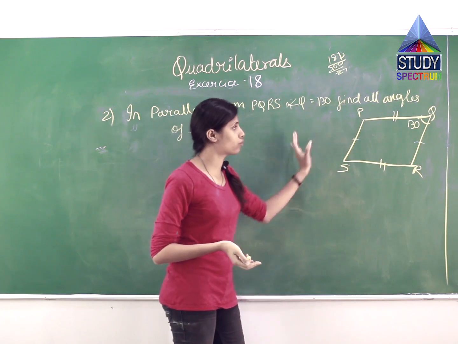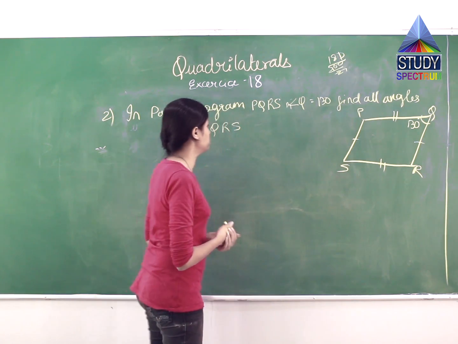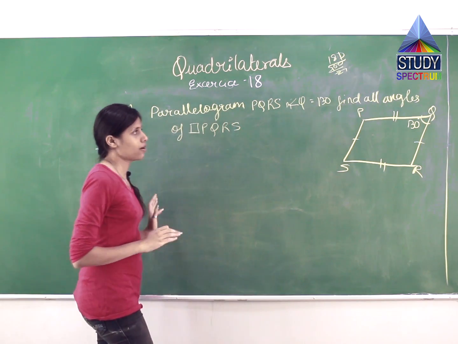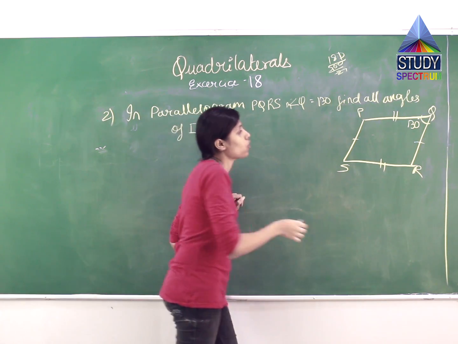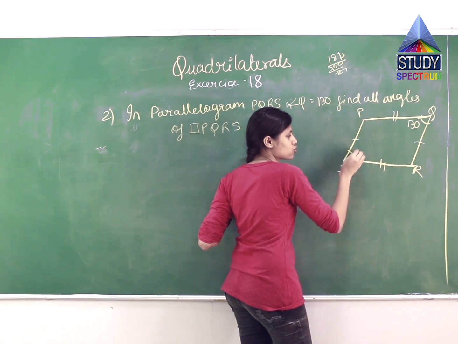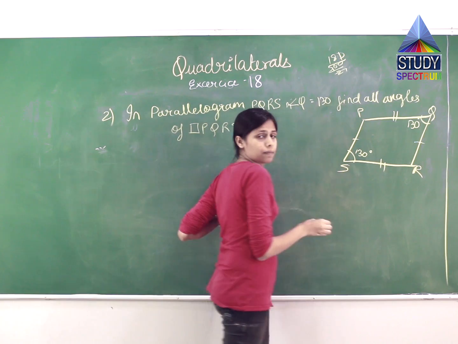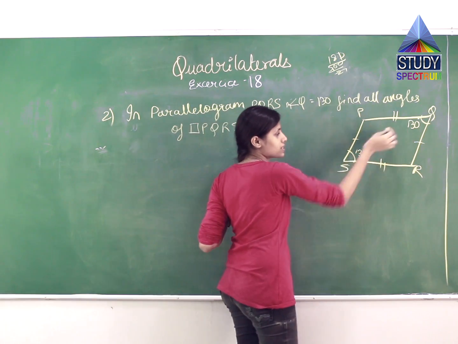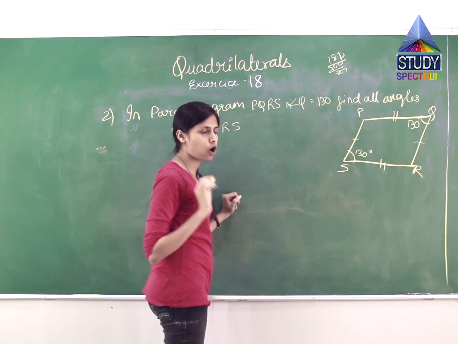And they are asking you to find the measure of the other angles, all angles of PQRS. So if this is 130 degrees, this has to be 130 degrees. Why? Because opposite angles of a parallelogram are congruent.